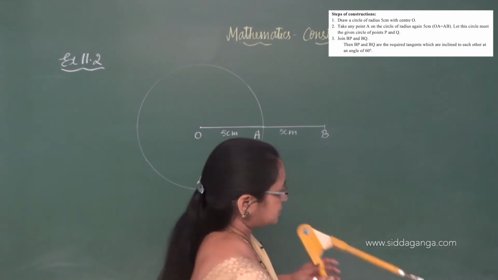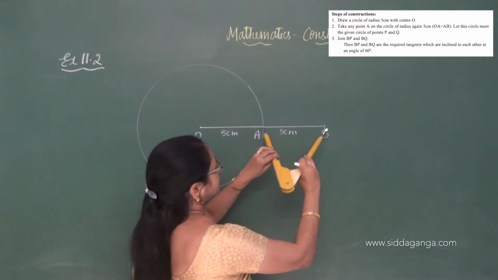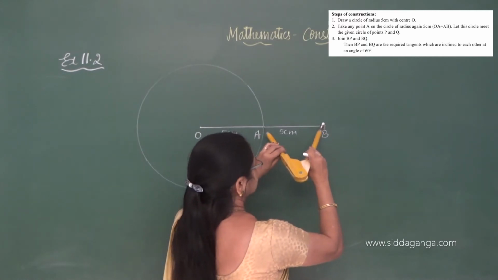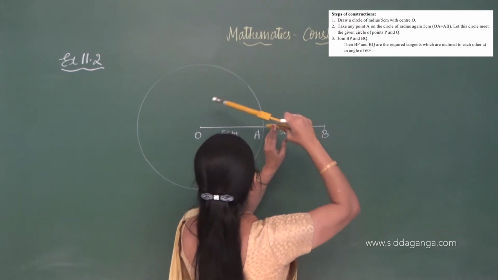Now again I will take A as the center and OB as the radius, and I will draw another circle.